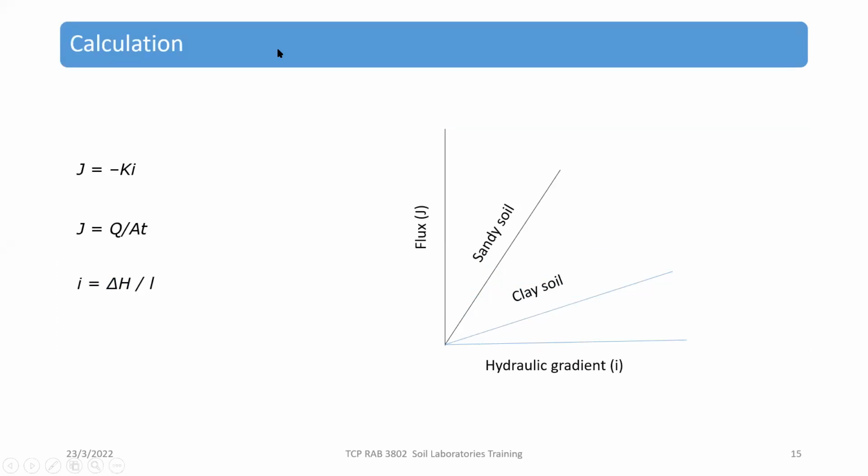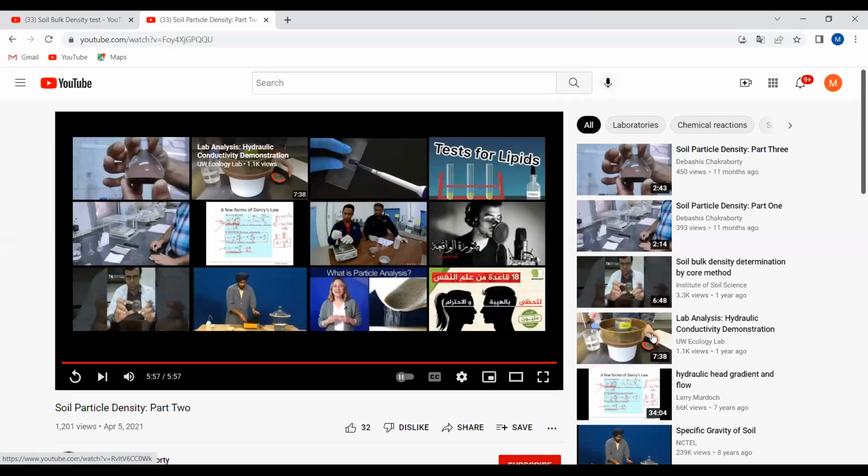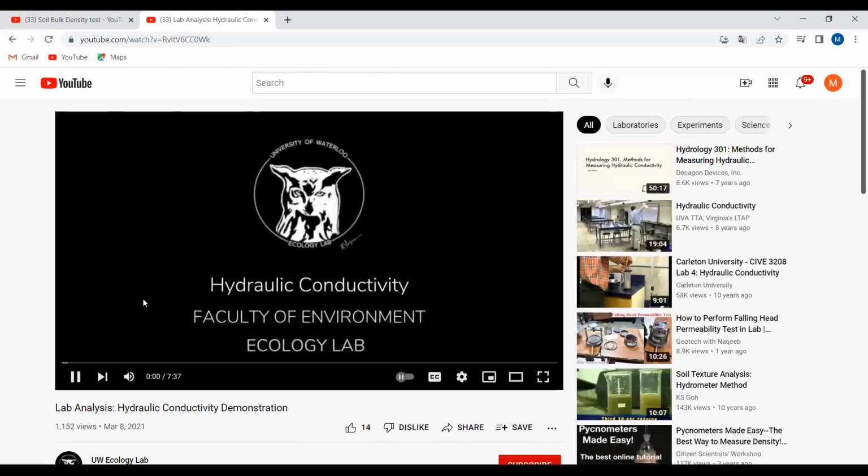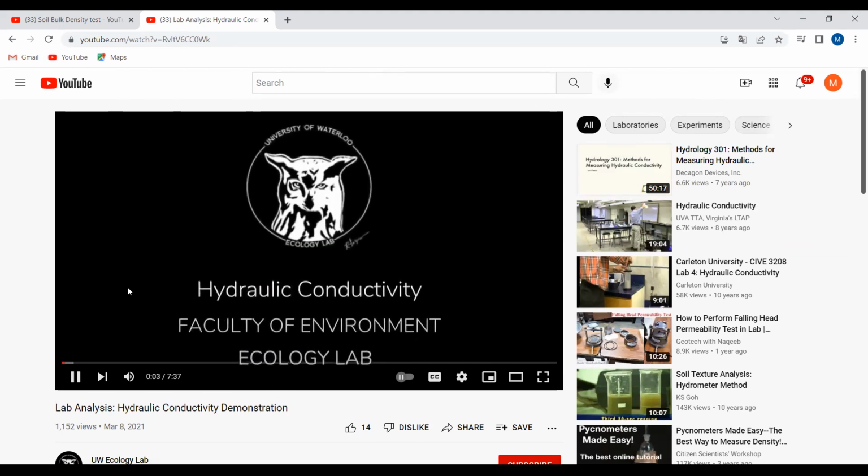I know this part is a little bit mathematical and complicated. I will end by showing you a video of measuring the hydraulic conductivity in the lab.